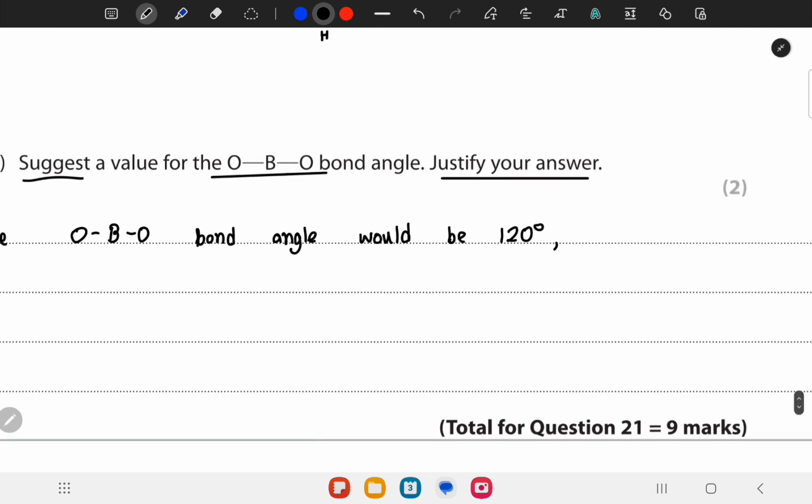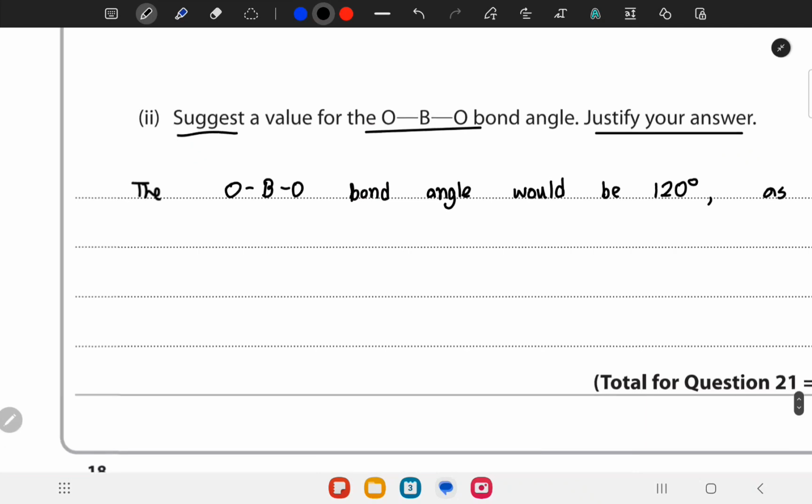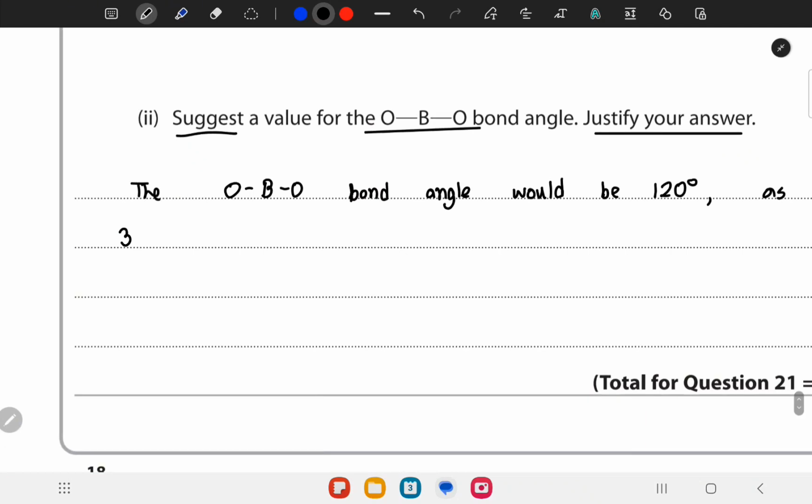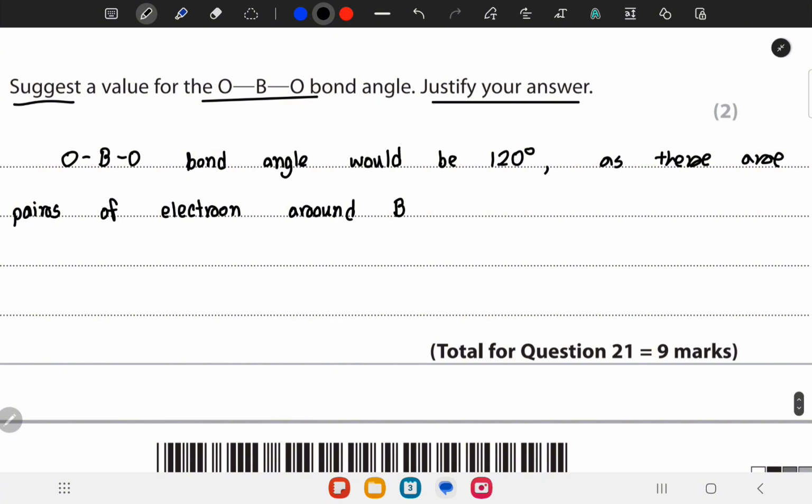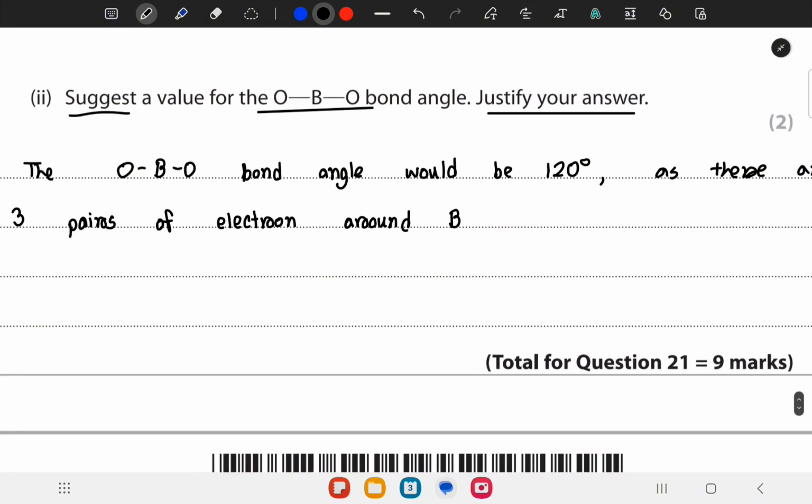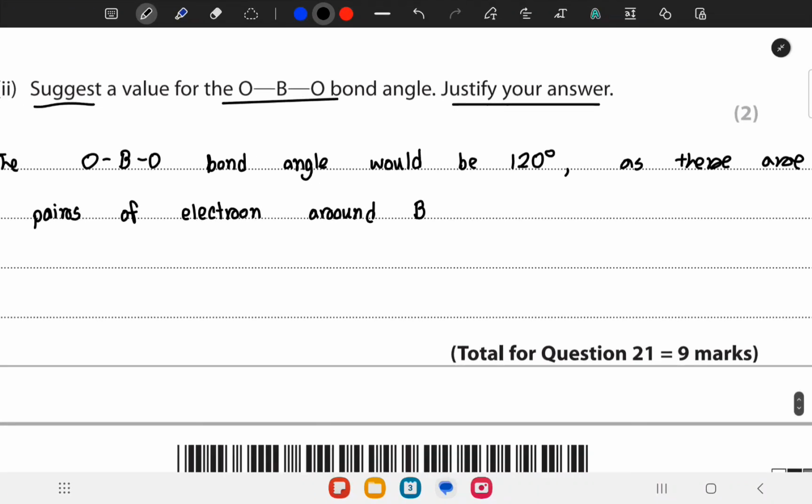We also have to justify our answer, so we'll write that they will adopt a position of minimum repulsion. For any questions regarding the explanation of bond angles, we have to mention this point.